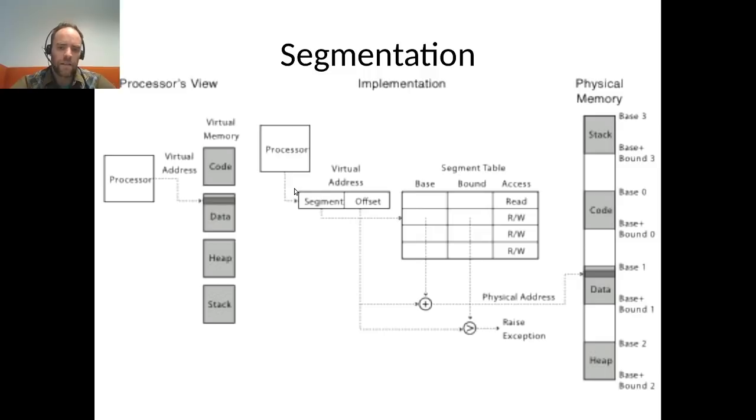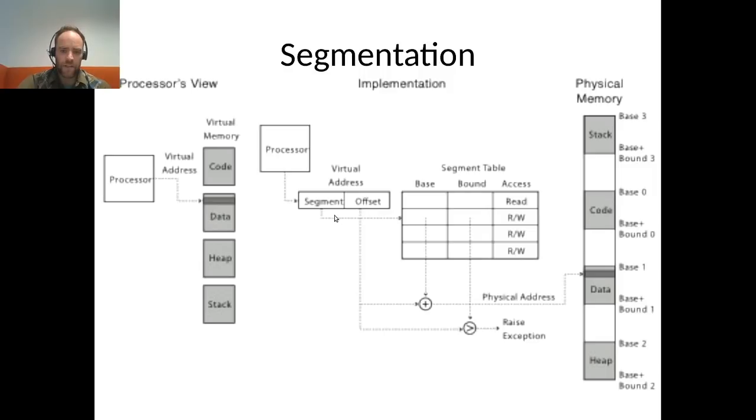That is sent over the memory bus, and this is actually going through what we call a segment table. Now the segment table divides that virtual address up into two parts. We have the segment number and the offset. Now the segment number you can see directly addresses an entry in the segment table. And in the segment table we have our familiar base and our bounds. And we also have an access permission, so what can be done with that memory segment.